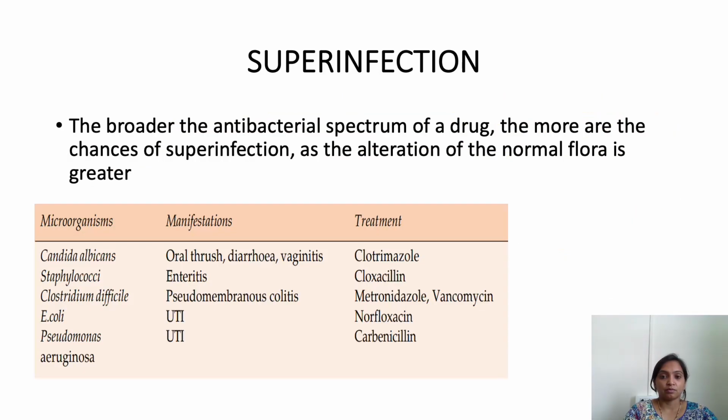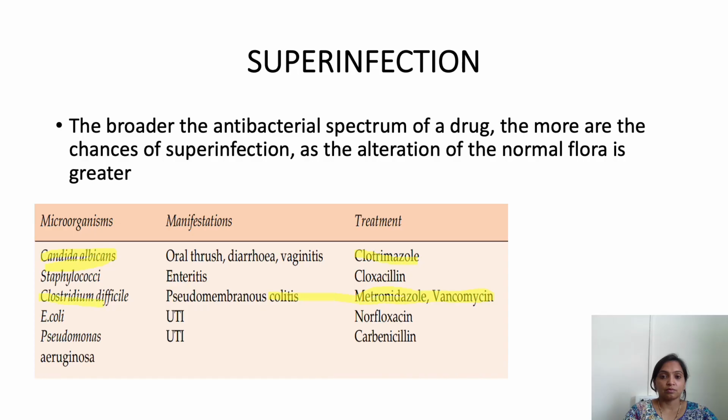As I already mentioned, these are mainly seen with broad spectrum antibiotics, and a few examples are here. Broad spectrum use can lead to oral candidiasis, and the patient will present with oral thrush, diarrhea, vaginitis. Similarly with cloxacillin, which is given for staphylococcus, enteritis can happen. Metronidazole, vancomycin, Clostridium difficile infection, very important.